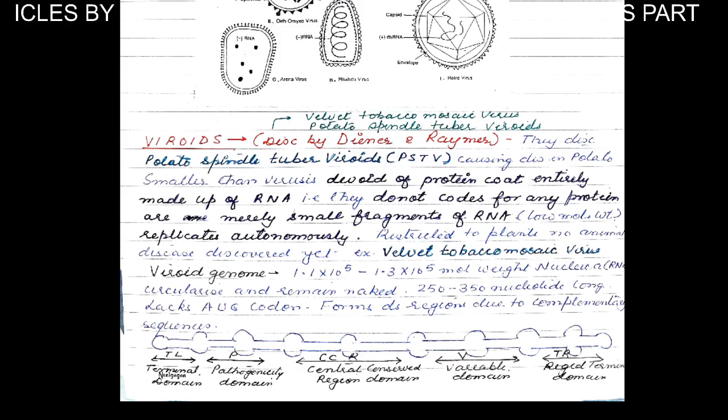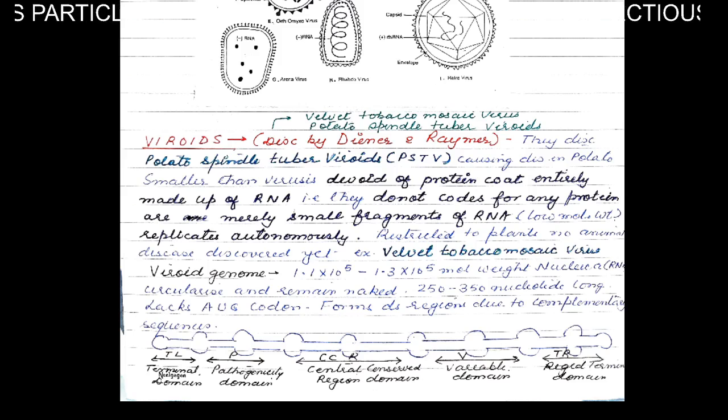It tends to remain in a circular form and is naked. That means it is not enveloped in any kind of protein. The simple naked RNA of viroids is around 250 to 350 nucleotides long.